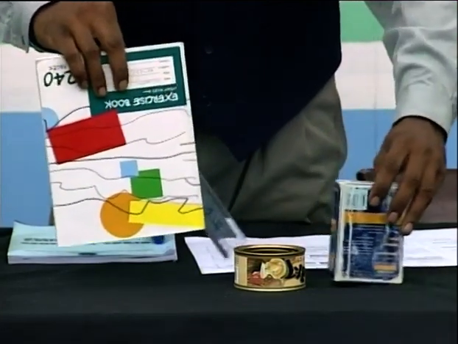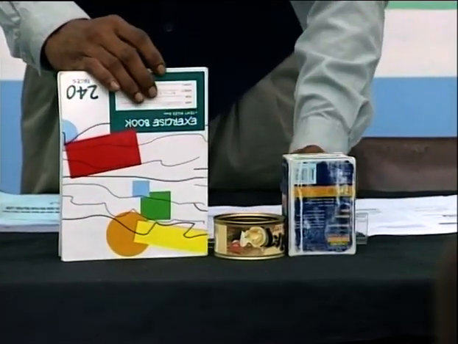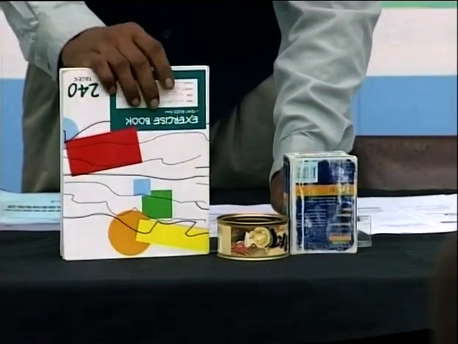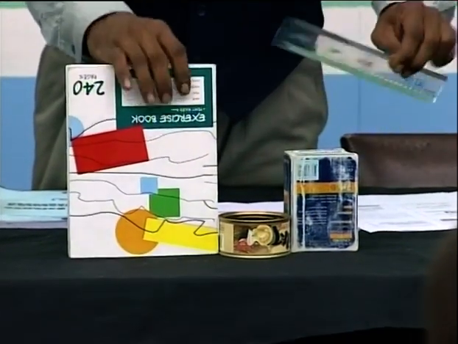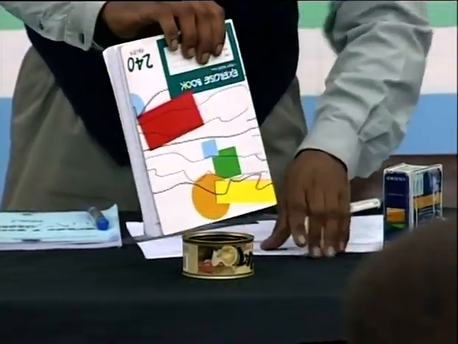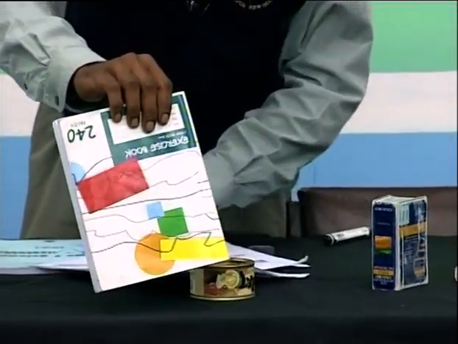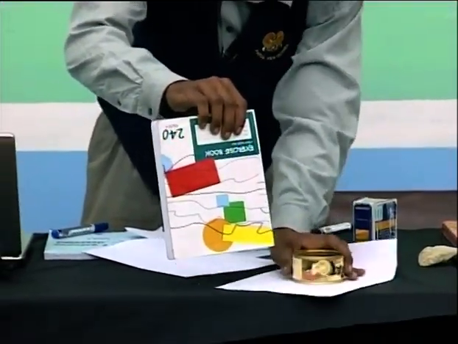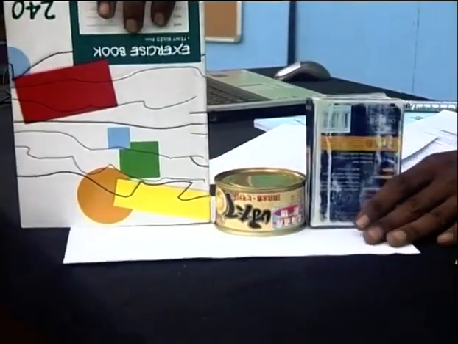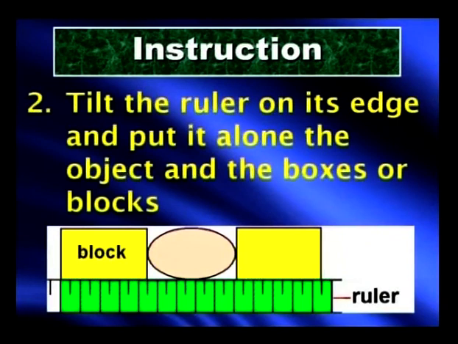Tilt the ruler on its edge and place it where the object is. You should have your pencil with you also to mark when you are placing the ruler.